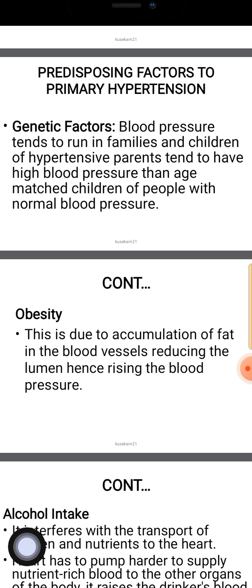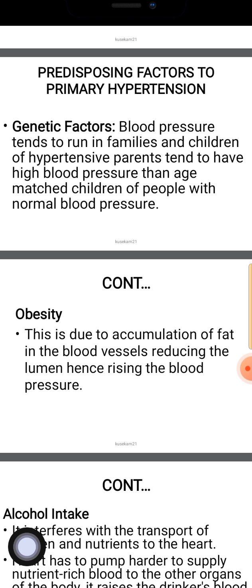Yes, so we find that children with parents who have hypertension will inherit that gene of hypertension, and in their generation they may experience hypertension in their family, because they inherited that trait from their parents' gene.